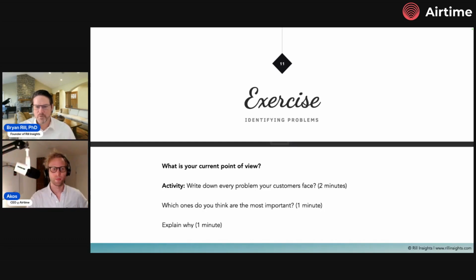In other words, which one, by solving it, will actually solve and resolve the most amount of symptoms. Or which one of these problems is most important to your business financially for you to solve? And then explain why. So again, we'll take about 4 minutes or so for this exercise, and then we'll carry on.